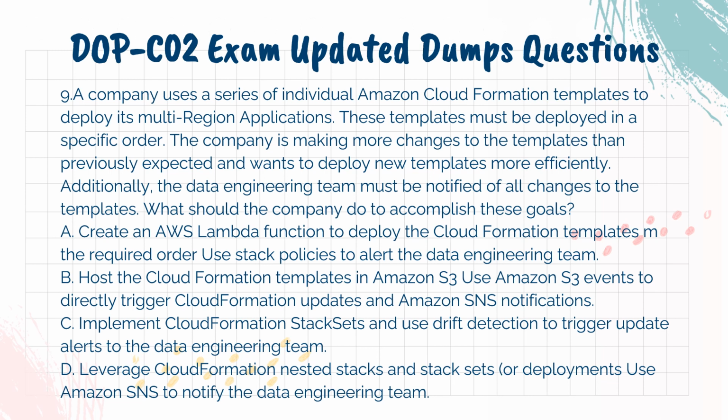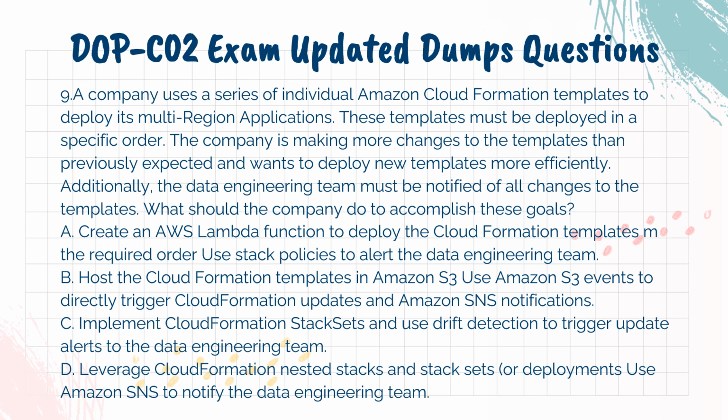A. Create an AWS Lambda function to deploy the CloudFormation templates in the required order, and use stack policies to alert the data engineering team. B. Host the CloudFormation templates in Amazon S3. Use Amazon S3 events to directly trigger CloudFormation updates and Amazon SNS notifications.